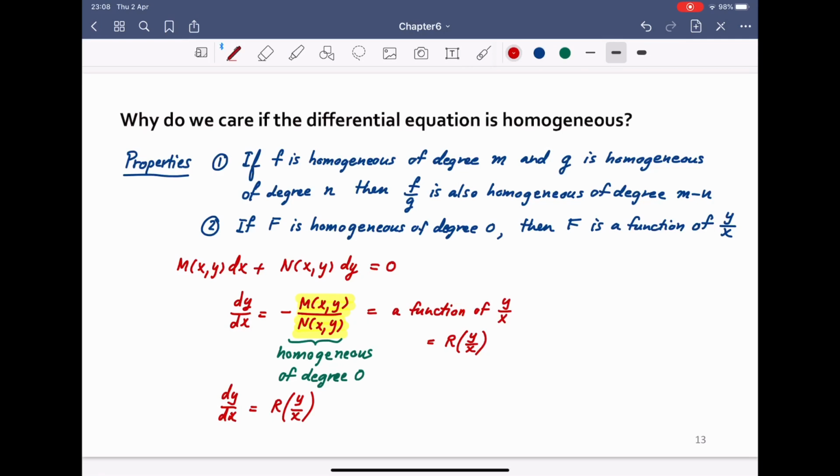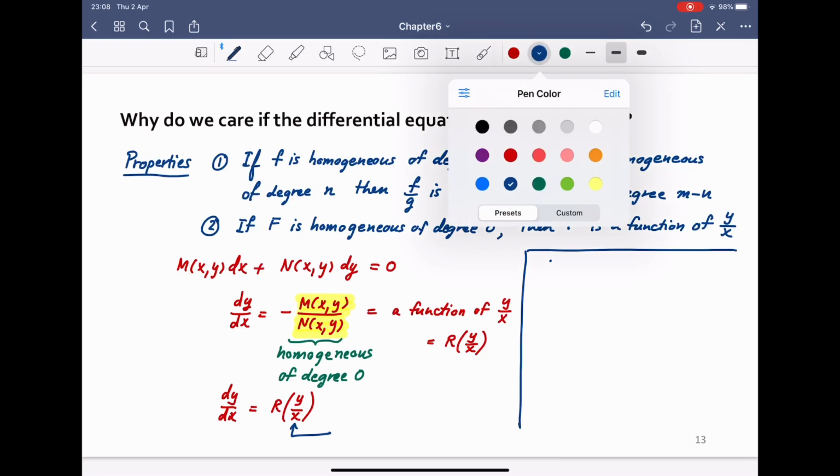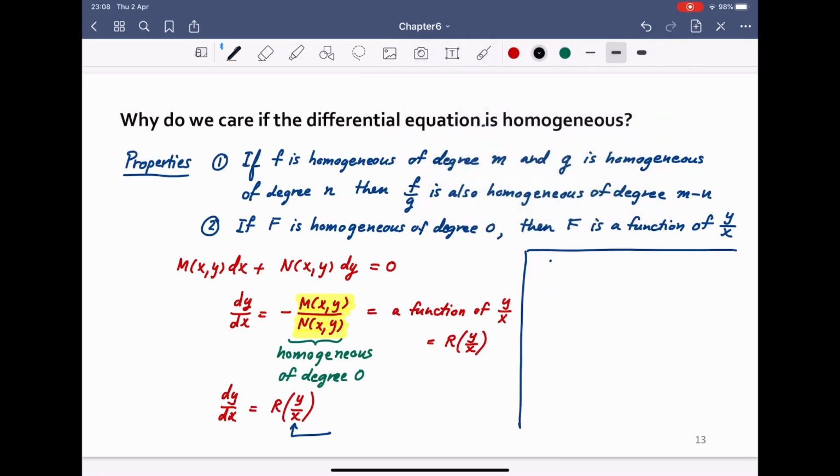So the idea of homogeneous differential equation is we are going to do a substitution. Because this is a function of y over x, I am going to let v equal to y over x.